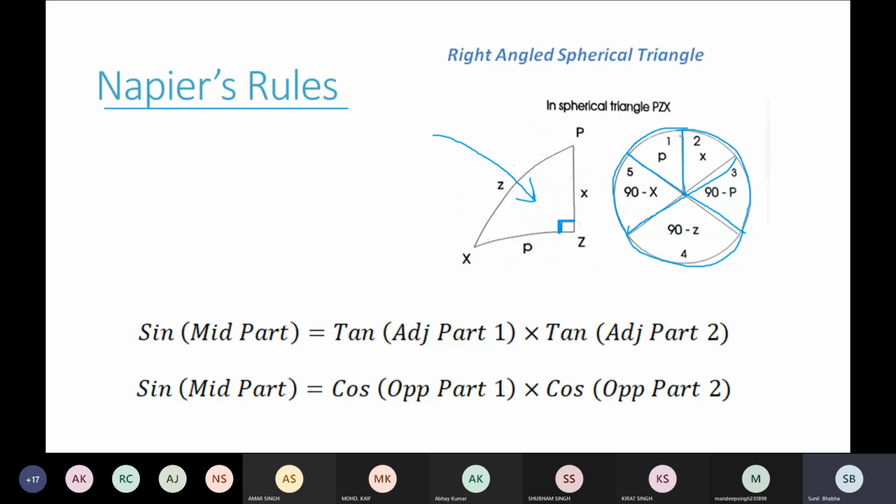Now what we do is, whatever is the 90-degree part of the triangle, that is written on top here. So in this case, angle Z. Angle Z is the 90-degree part. So I write this angle Z on top.